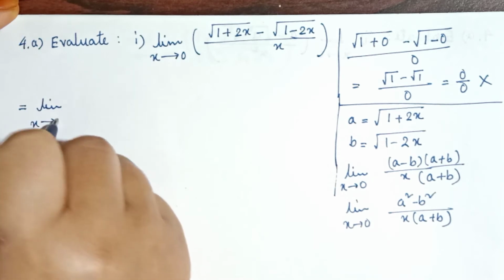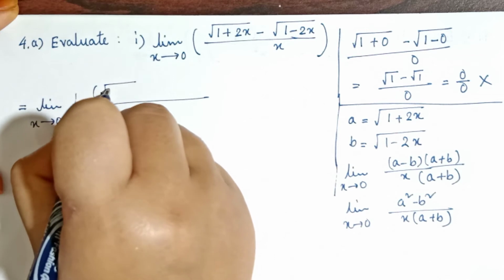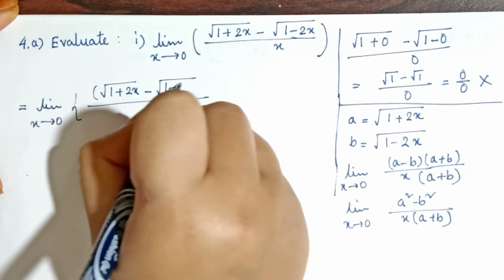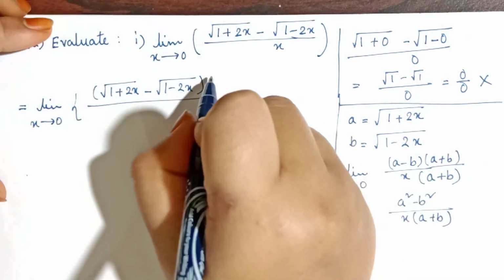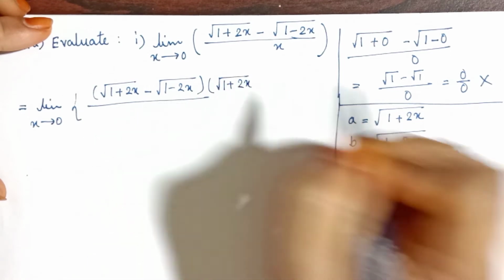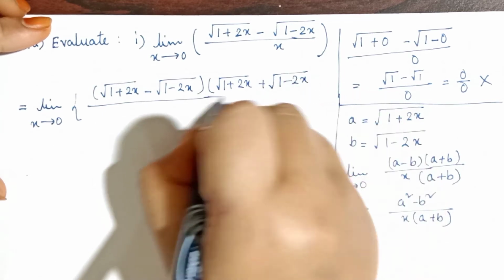Limit x tends to 0. Already we have the term root over 1 plus 2x minus root over 1 minus 2x. If we assume that this is a minus b, we have to write down the a plus b value, so plus root over 1 minus 2x.